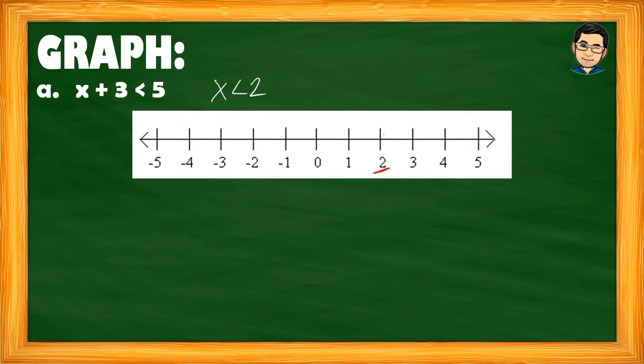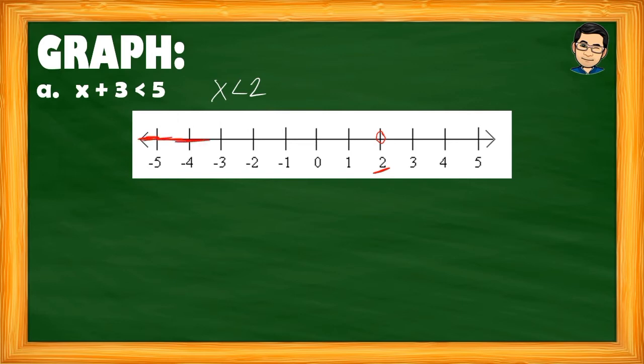So, drawing natin yung bilog. Ayan, naka-open po. And then, saan natin isa-shade yung solution natin? Sa left side ba ng 2, o sa right side ng 2? Since yung inequality symbol natin is less than, yung possible values of x, yung nasa left side ng 2. So, guguhitan lang po natin yan hanggang dun sa arrowhead.